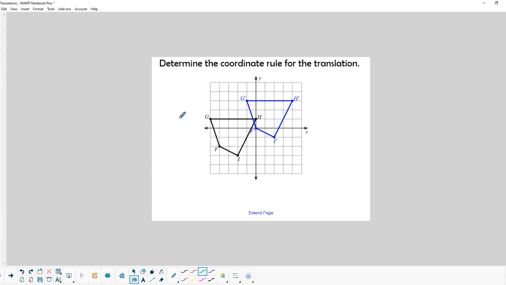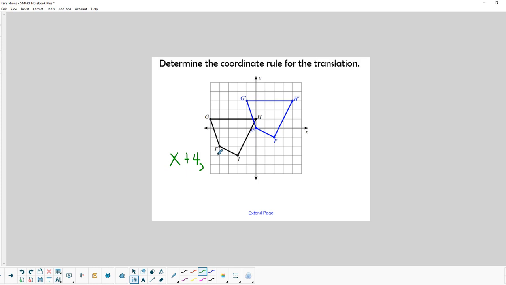All right, determine the coordinate rule for this one. So let's look at this one. So our original X value goes to the right, so we have to go over 1, 2, 3, 4 to get lined up with our new G value. So X plus 4. And then for up and down, we go up 2 to get to our new G value.